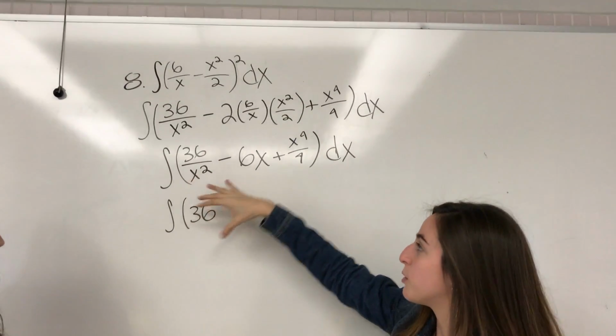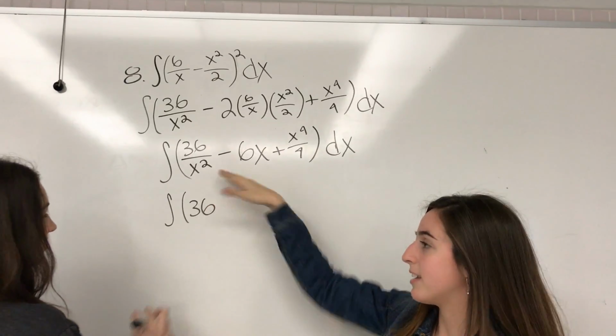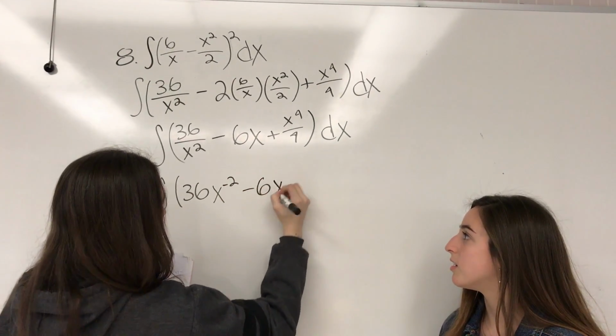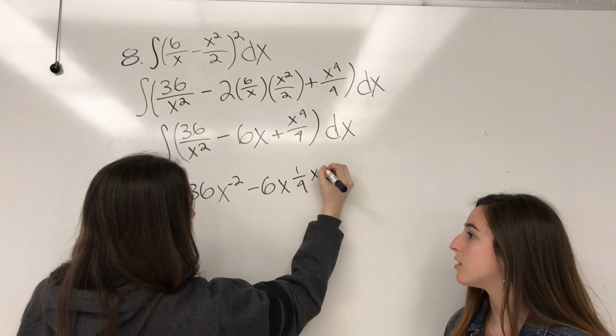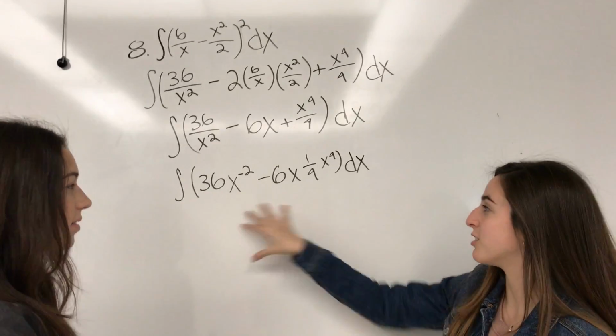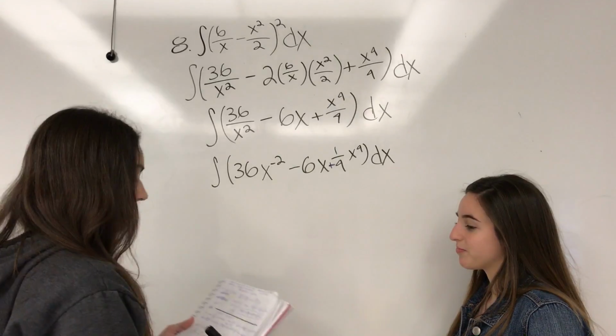We're going to pass our variable to the top using a negative exponent. This is a way of rewriting so it is easier to see our terms and integrate.